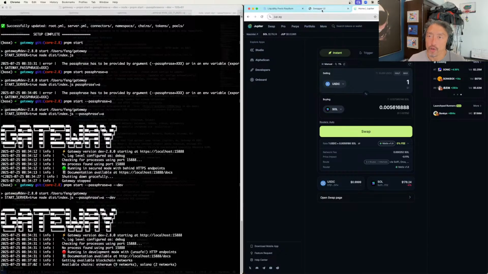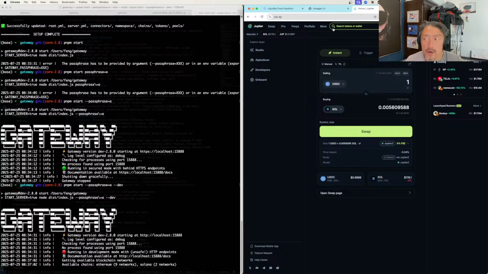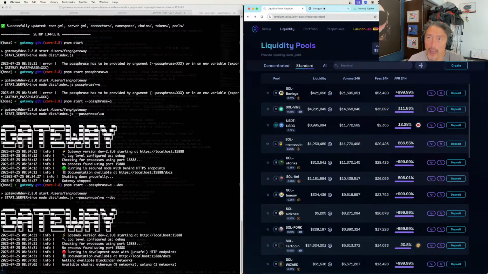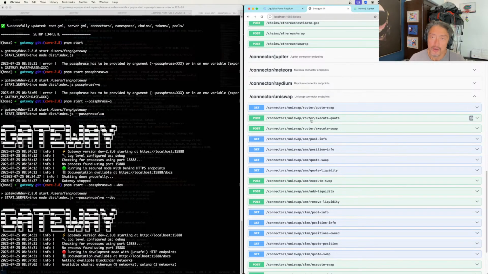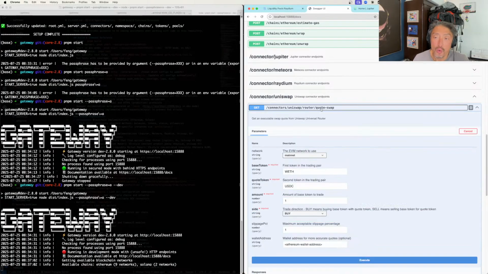For Jupiter, for 0x, and a Uniswap router on Ethereum, we have a special router schema. Router DEXs should define three routes. Quote swap, where the user provides information about the tokens they want to trade, returns a price quote along with the actual quote that could be executed.